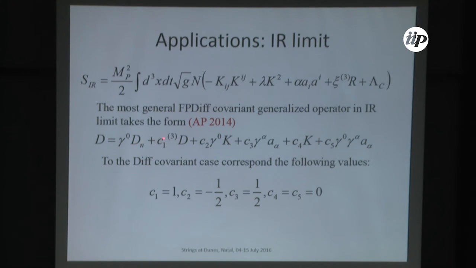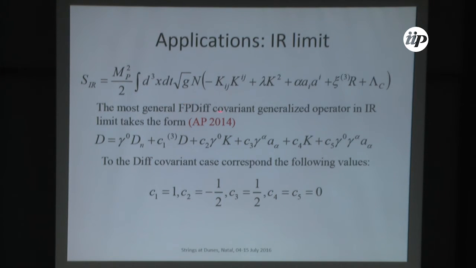For the usual four-dimensional Dirac operator, only this term and C3, this one, you have. So only these three terms will contribute with these specific coefficients. This is the 3+1 decomposition of the Dirac operator.